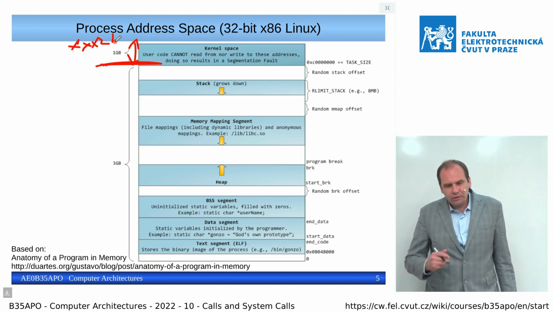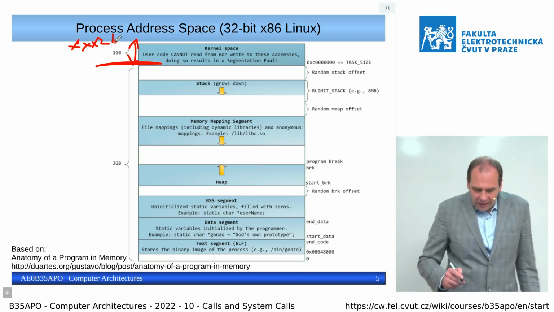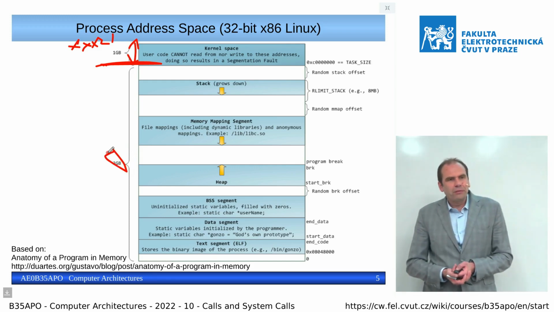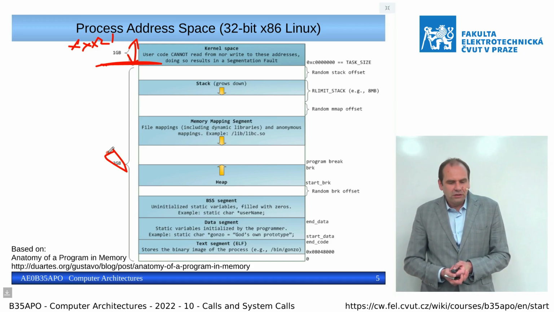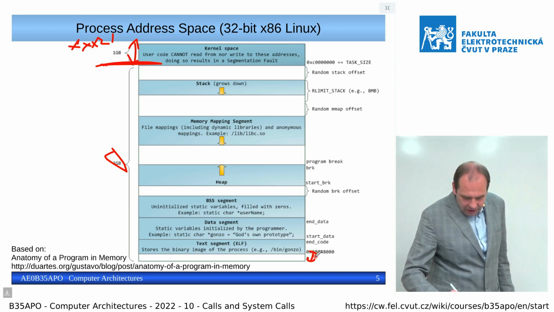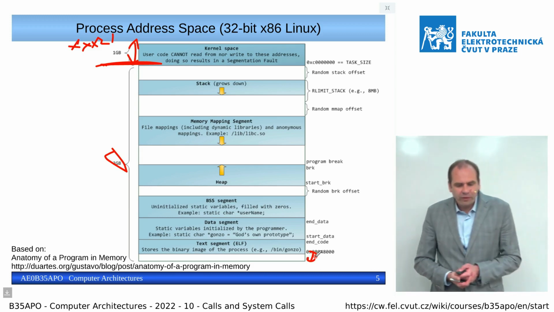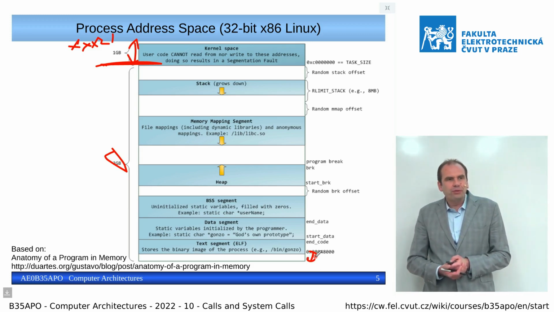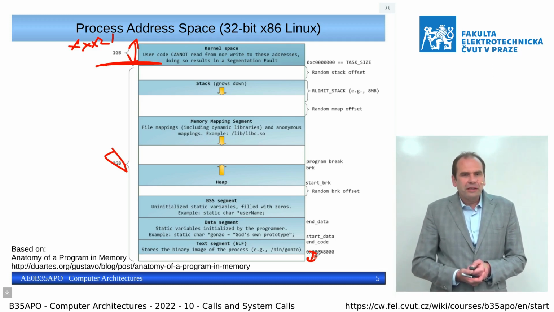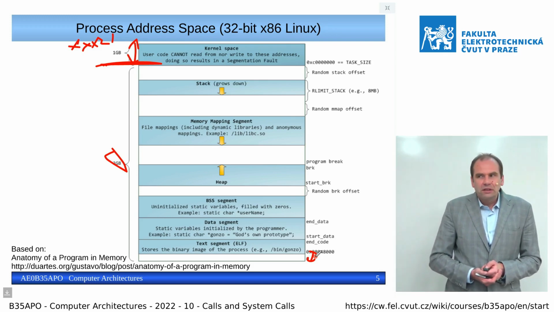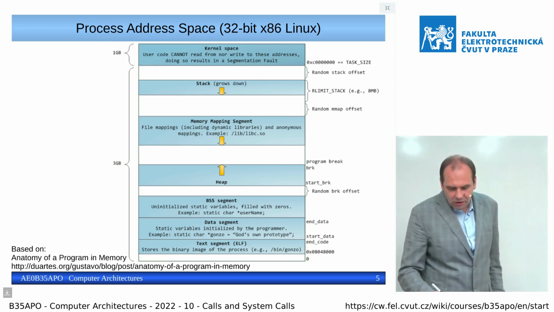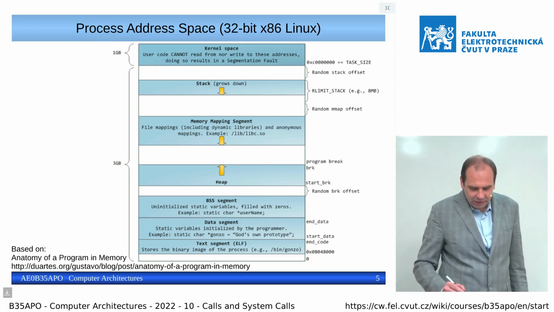And this is used by the operating system. And then the rest of the address space is managed through the memory management unit at page granularity. Usually at the start there is some area which is not mapped. So if you attempt to access a null pointer, then you get that well-known segmentation fault or some other information that you access an area which is not available to the program, that there is something incorrect.